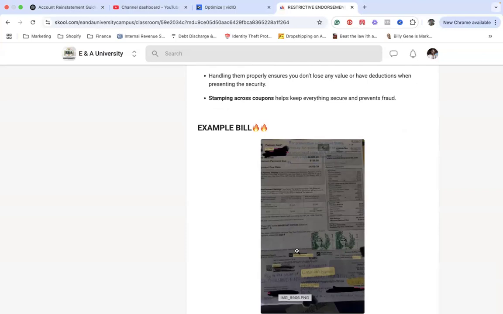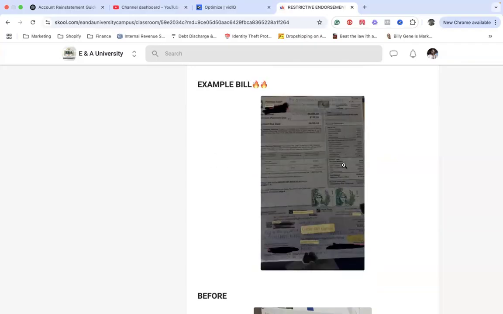Like I said, in this particular case, the way this stamp was up here, as you can see, it was still accepted. It was still accepted because I believe it has a restrictive endorsement on it, but they missed the important step of placing it right near the perforated line, so they can't change it. They can't alter it.